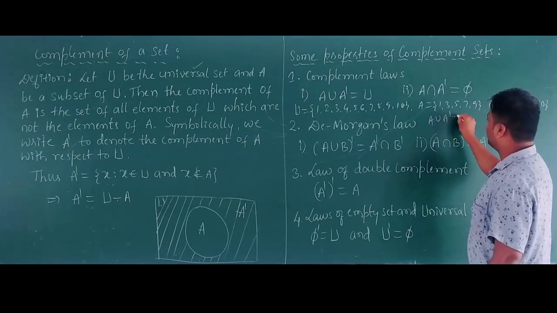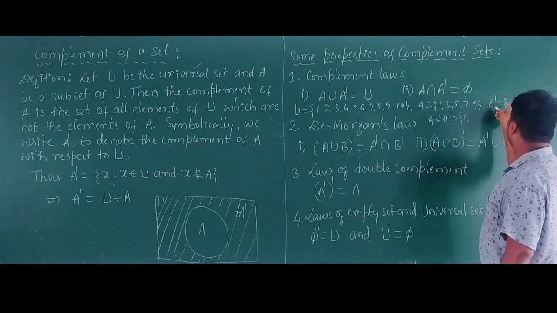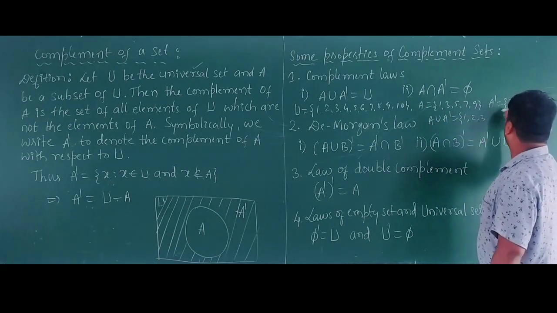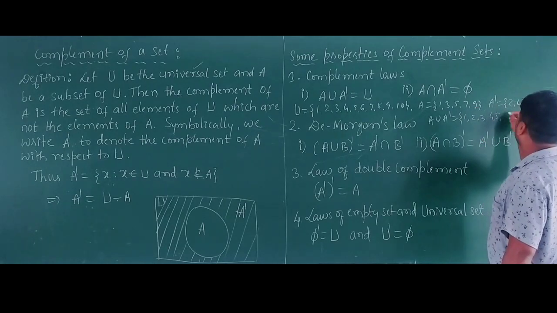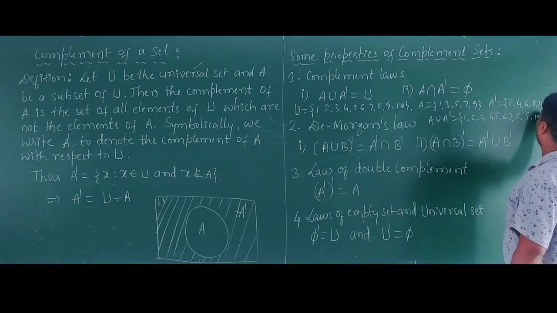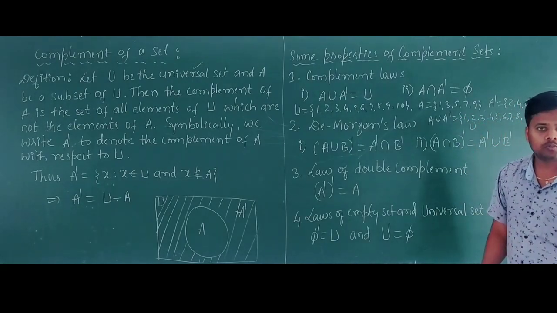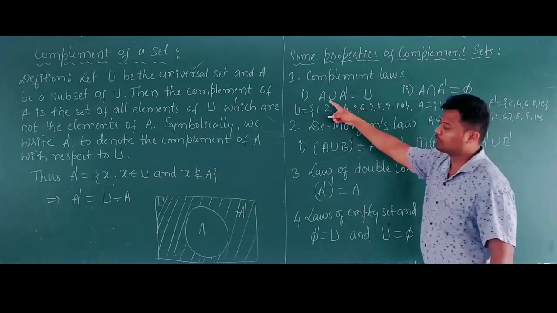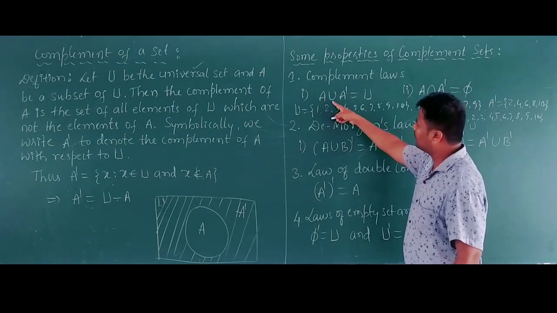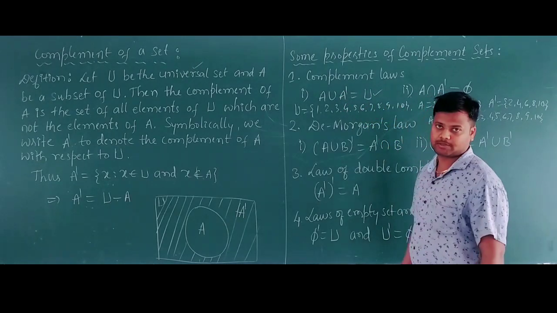A union A dash gives 1, 2, 3, 4, 5, 6, 7, 8, 9, 10. Again it is the universal set only. This is the first property: A union A complement gives you the universal set.